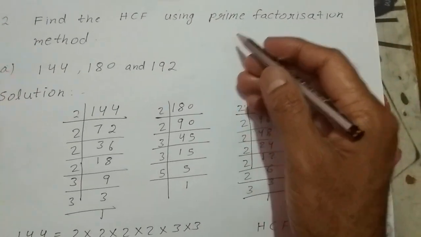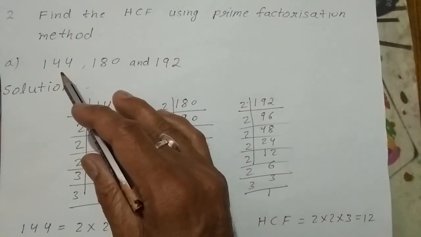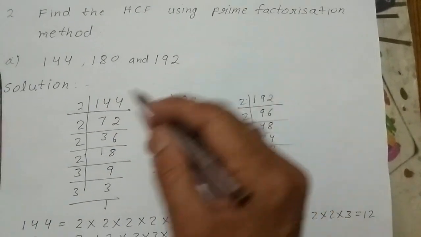Now find the HCF using the prime factorization method: 144, 180 and 192.